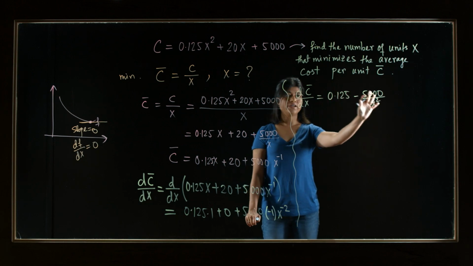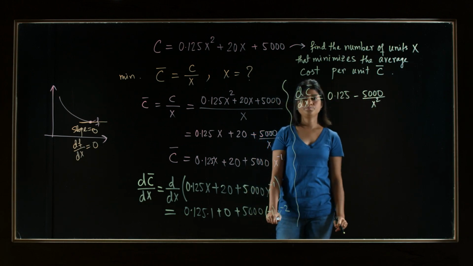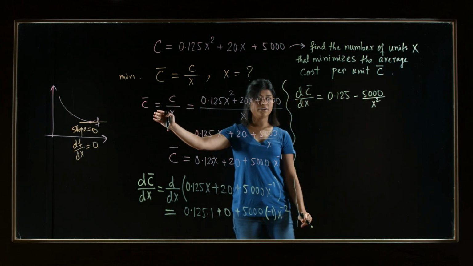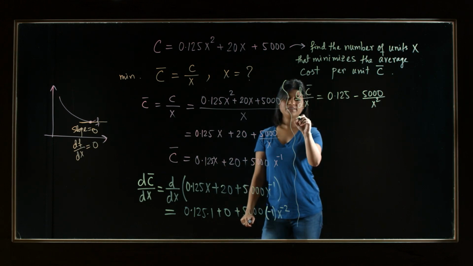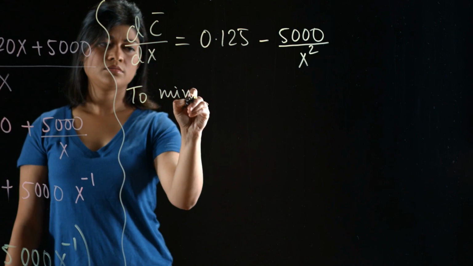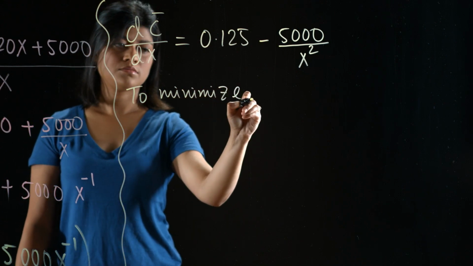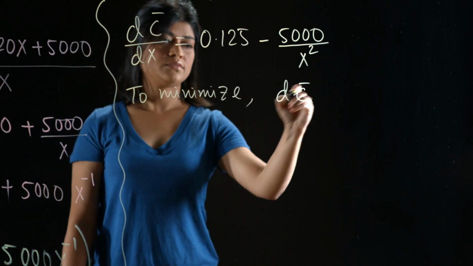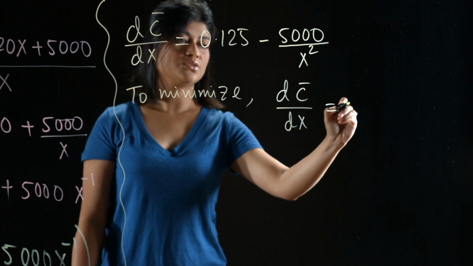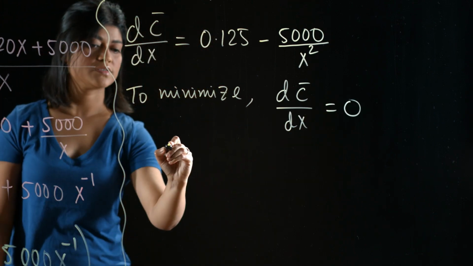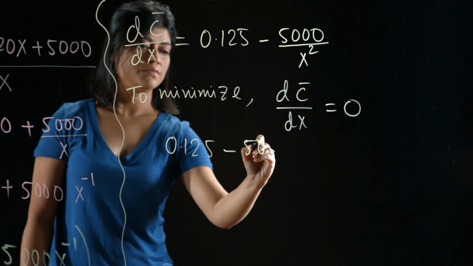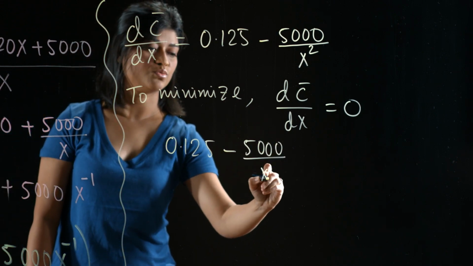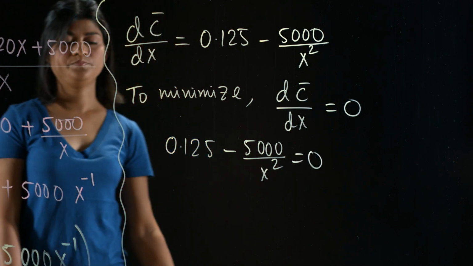So that's the simplified form of the derivative. And now to minimize the function, we set this equal to 0. So to minimize, set dC bar/dx equal to 0, which means 0.125 minus 5,000 over x squared is 0.